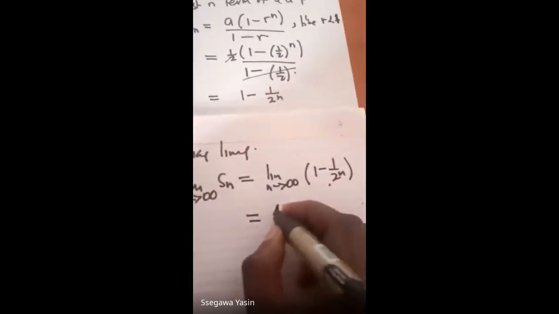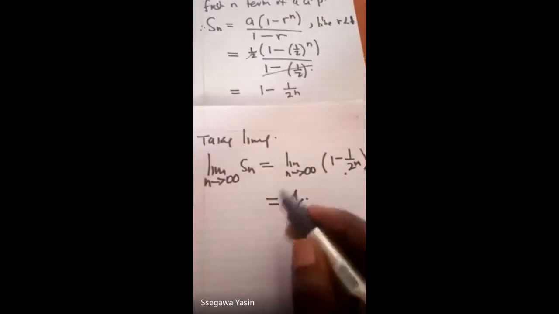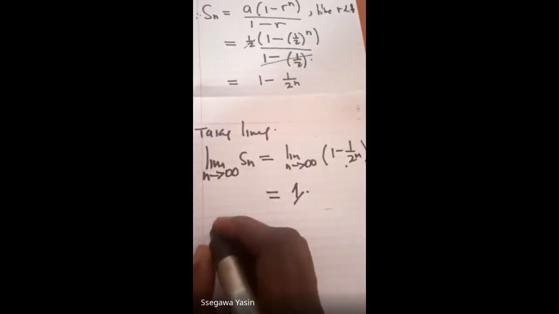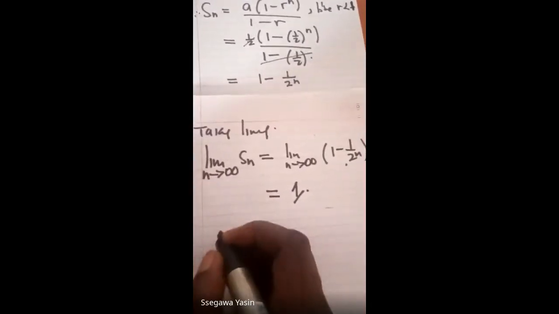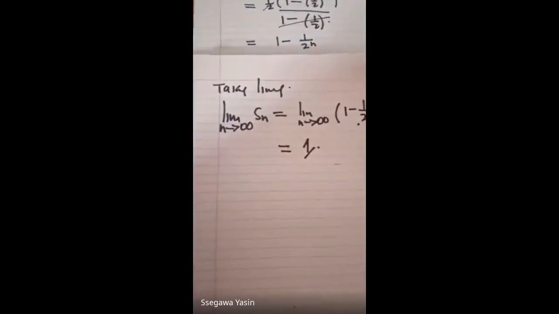And this is equivalent to 1. So when you check, this is a 1 already. And therefore, we conclude in this case that our infinite series converges.